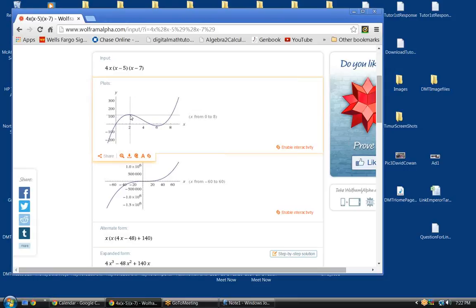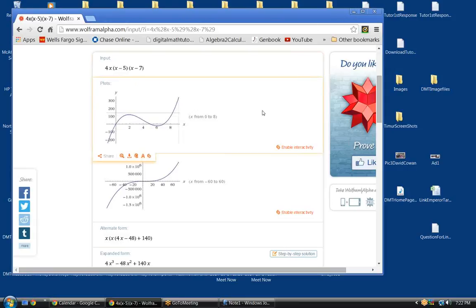It looks from my graph here like 2, but I can't be certain that it's 2. It could be over here a little bit, it might be 1.95 or something. And I don't have that capability on this program here, so you're going to have to do that on your calculator.